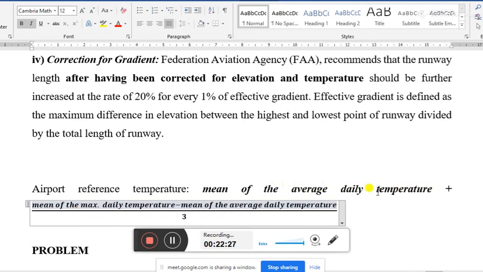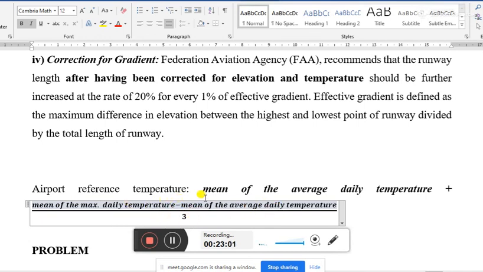Average daily temperature means you take the temperature data throughout the day and make the average. And maximum daily temperature means from the data of daily temperature you find the maximum temperature of a day. In both cases you make the average to find the mean. Okay, and this minus this divided by 3.